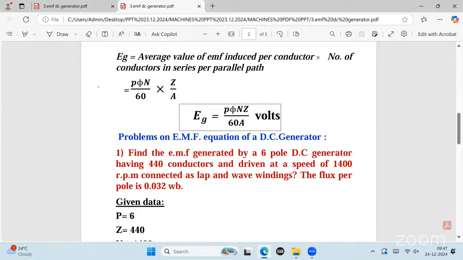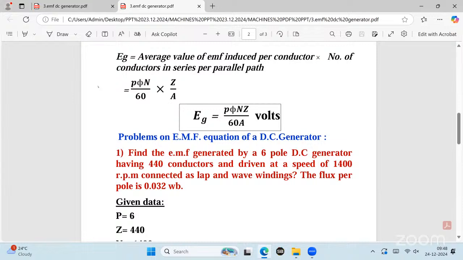If it is lap connected, A is equal to P. It depends upon the poles. If I say poles is 4, what is A? 4. If poles is 8, what is A? 8. It depends upon the poles.